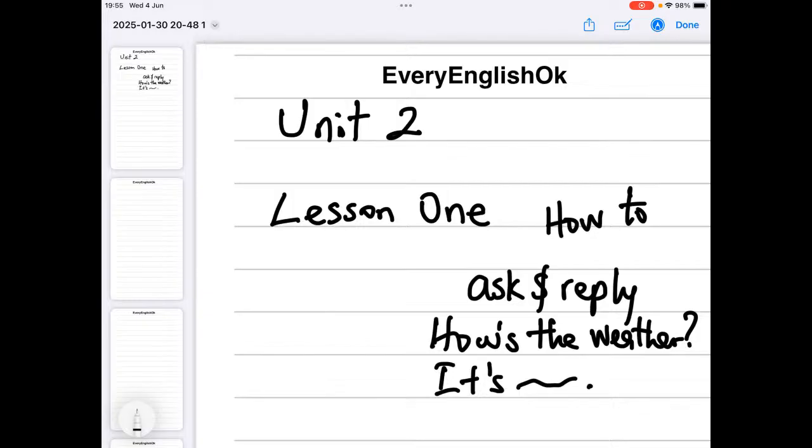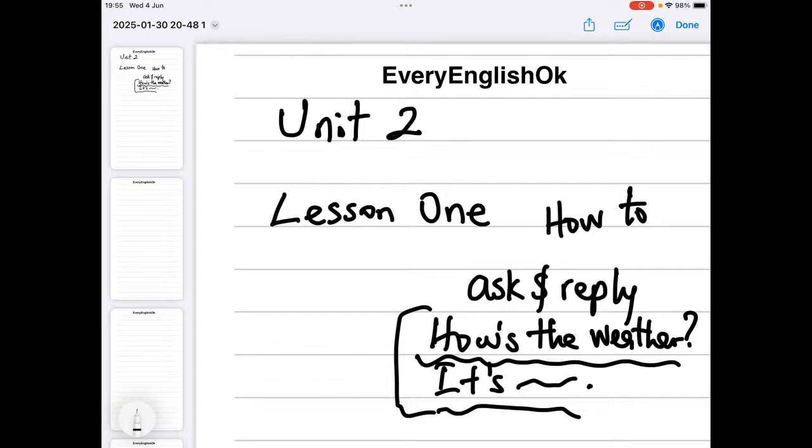So we practice this target sentence. They repeat after me, and then I put these word strips on the board, and the different types of weather.